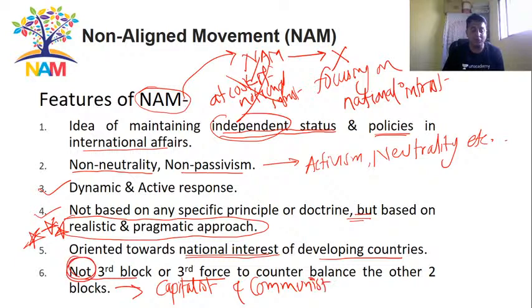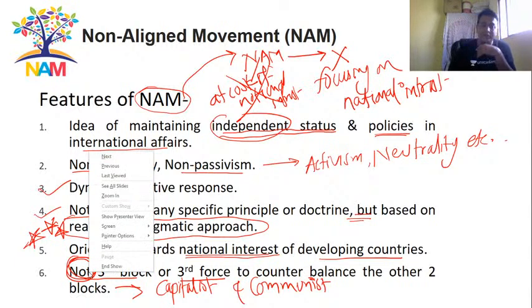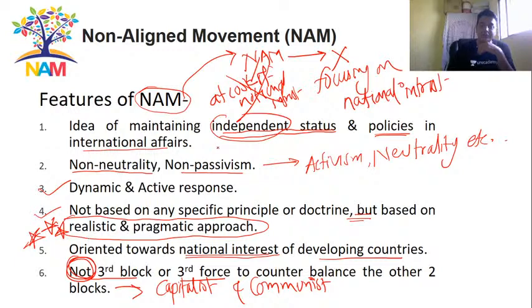The word is very specific. It's not a third block. It doesn't mean they said, okay, we don't like capitalism, we don't like communism, we are going to challenge their existence. It's not at all the case. They do not want to challenge it. It did not act as a third force to counter the first and second.